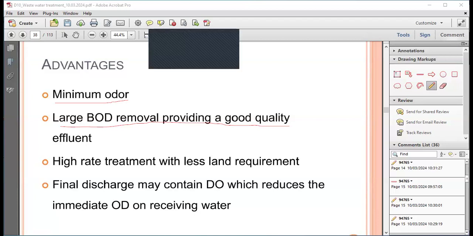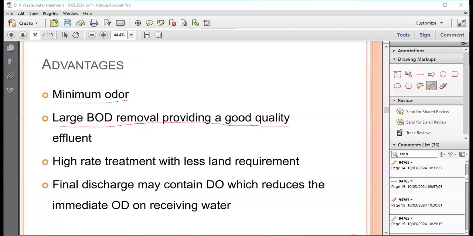The important word here is effluent. Effluent is the liquid waste or sewage discharged into a river or sea.